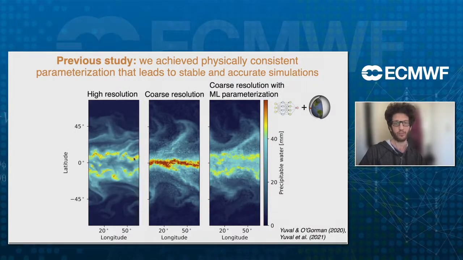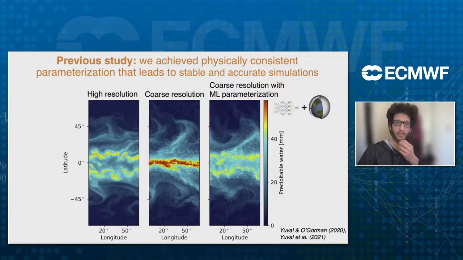However, in a high resolution, you get a very different picture of a double ITCZ. When we run a coarse resolution model with a machine learning parameterization, we're able to capture this double ITCZ, and we show that we get the correct statistics of precipitation, wind, and so on. So overall we had some success of using a coarse resolution model with a machine learning parameterization that allows us to get statistics which are fairly close to a high resolution model.